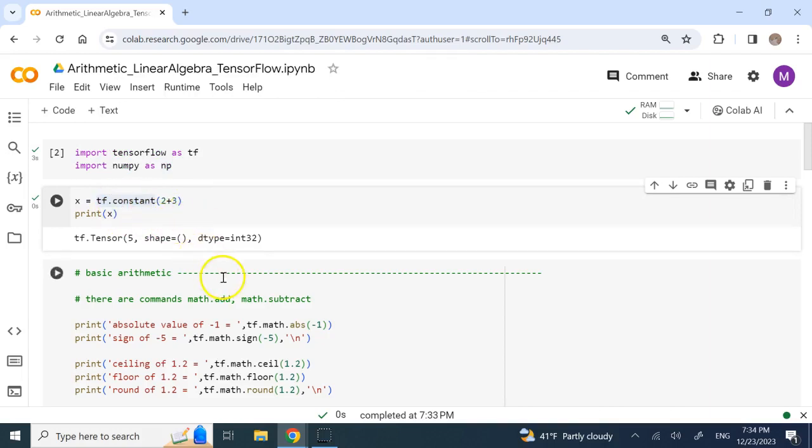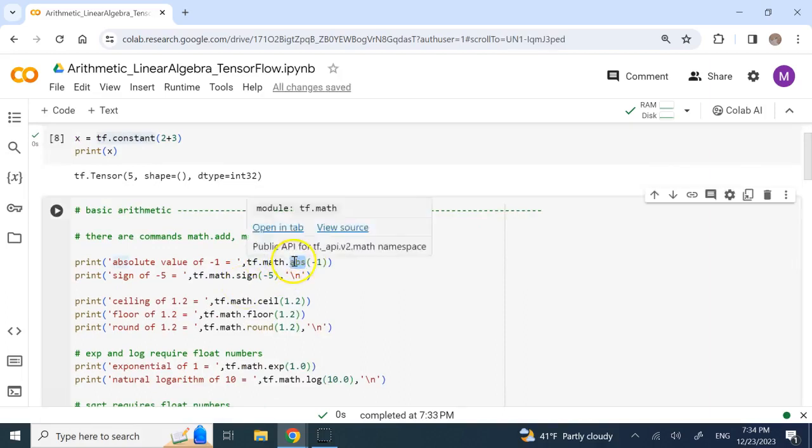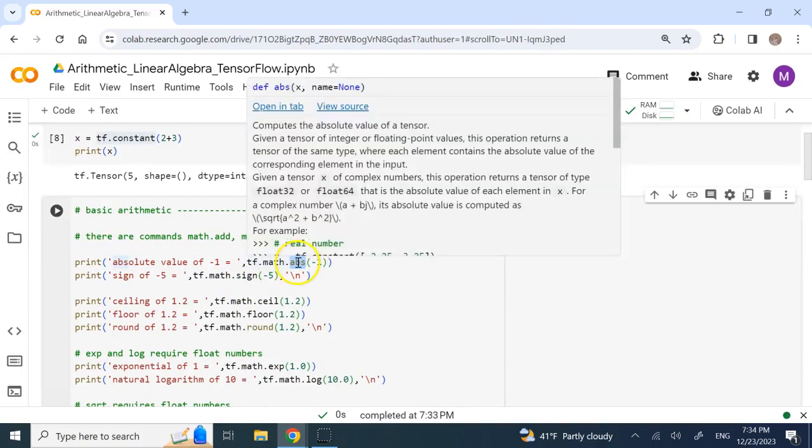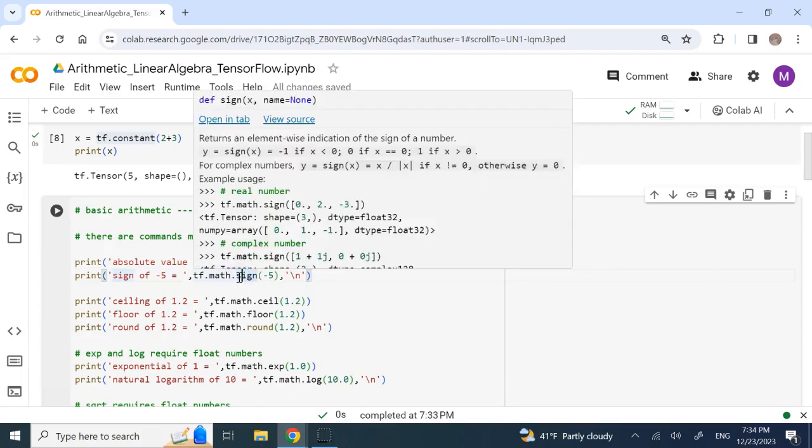So we have the addition and subtraction, but more important functions. Absolute value is under math.abs, so that's the absolute value. If you want the sign function, which gives -1 for negative numbers, 0 for 0, and +1 for positive numbers, you can use the math.sign function.